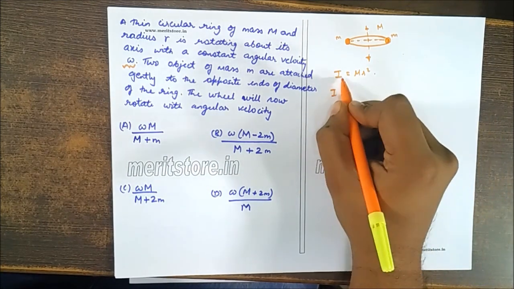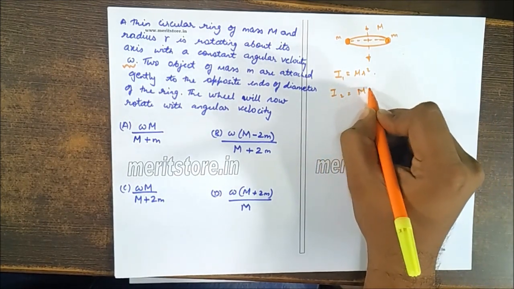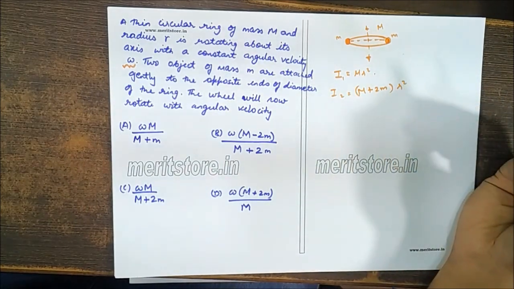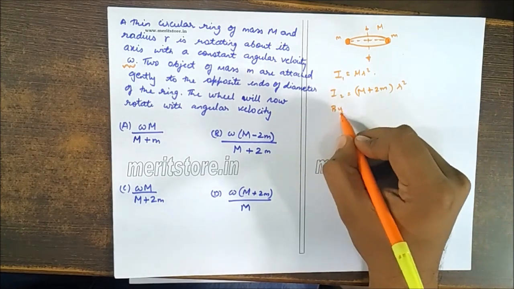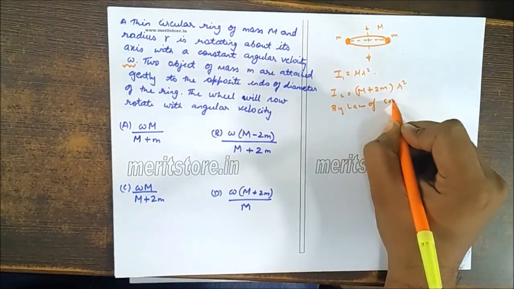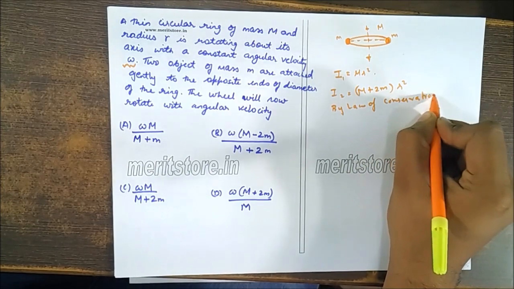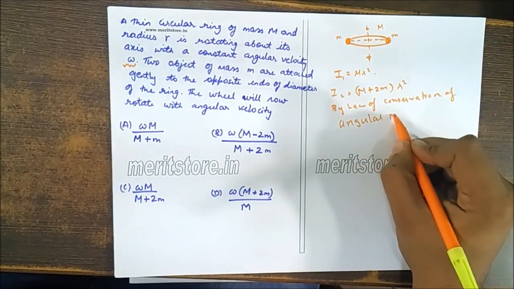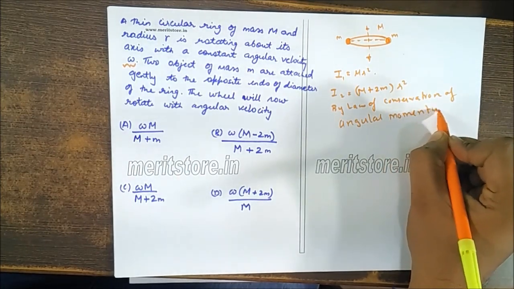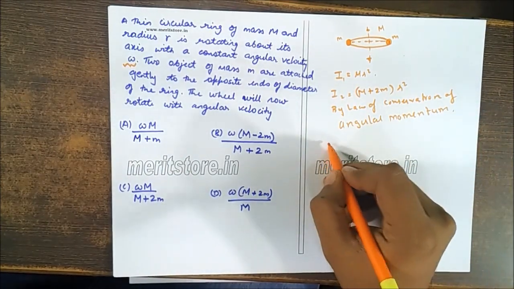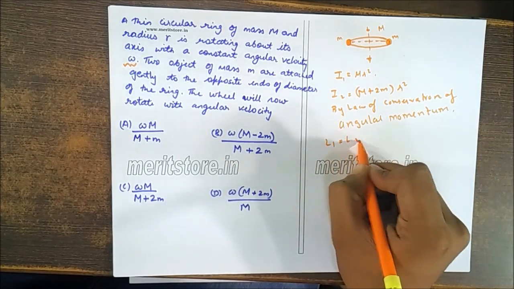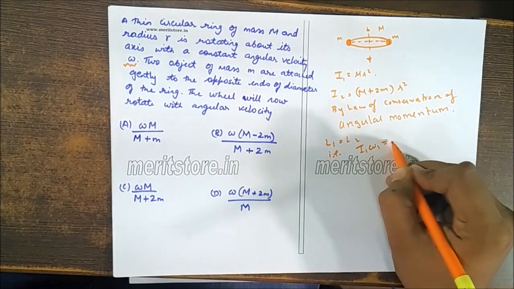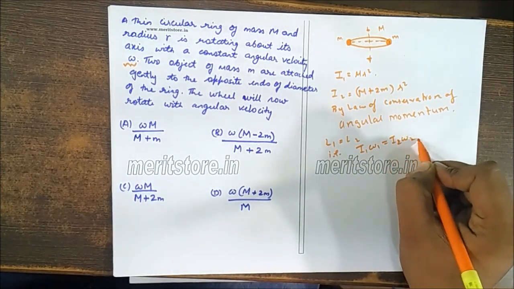And then in the second condition, I would say it is (m plus 2m) into r square. Now, by law of conservation of angular momentum, I get L1 is equal to L2, that is I1 omega 1 is equal to I2 omega 2.